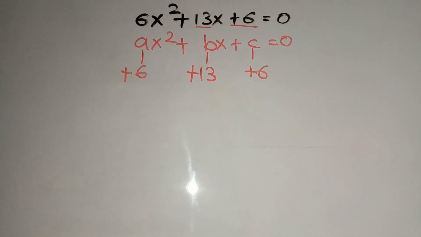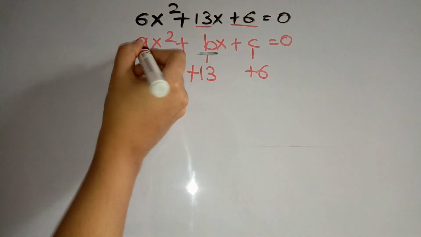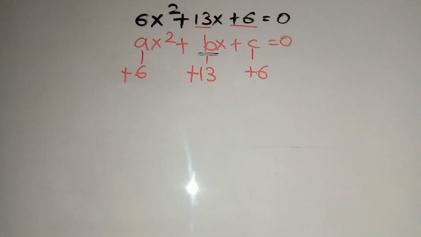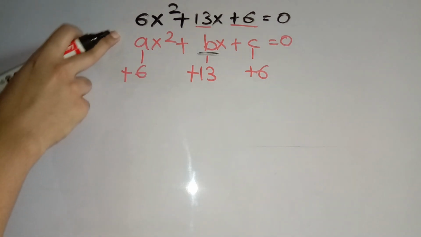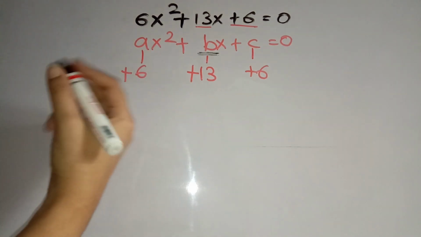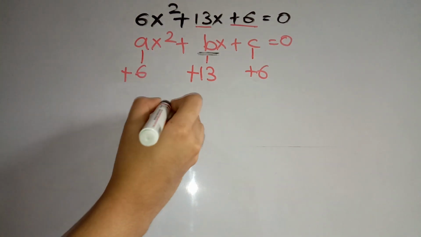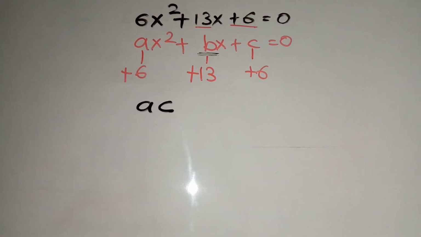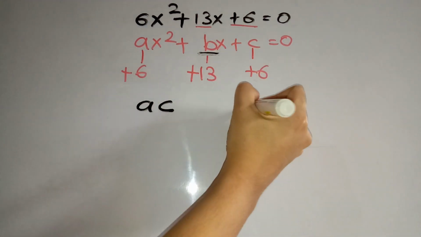Always remember that b is the addition of the factors and the multiplication of a and c is the multiplication of the factors. So whatever numbers we are solving this equation for, their multiplication must be equals to a into c and their addition must be equals to b.